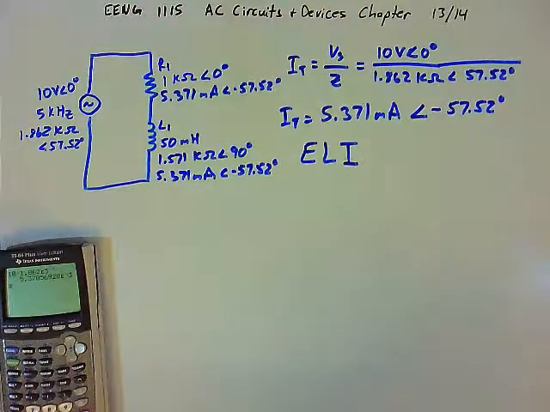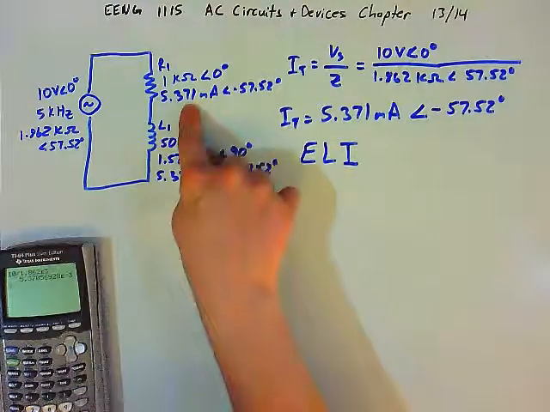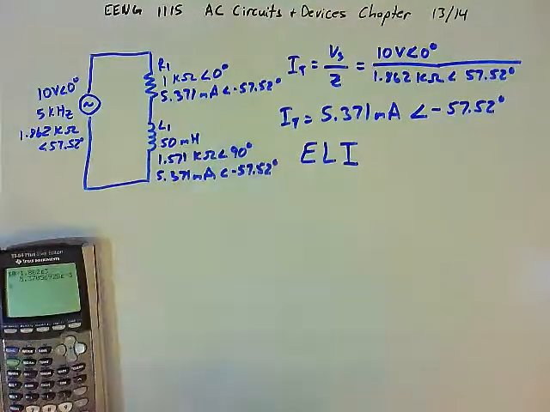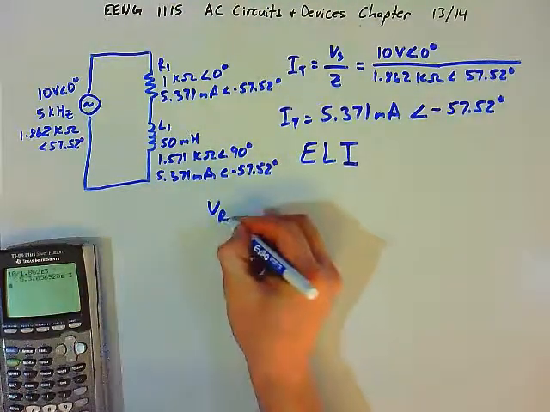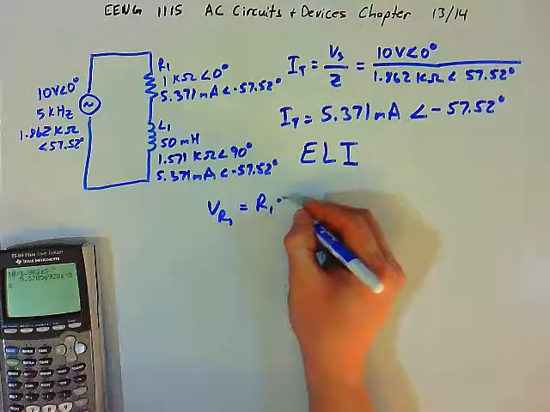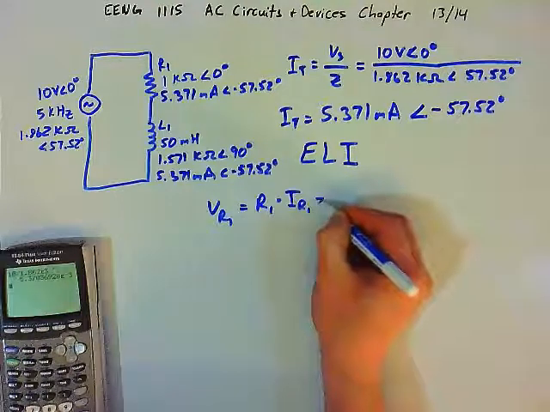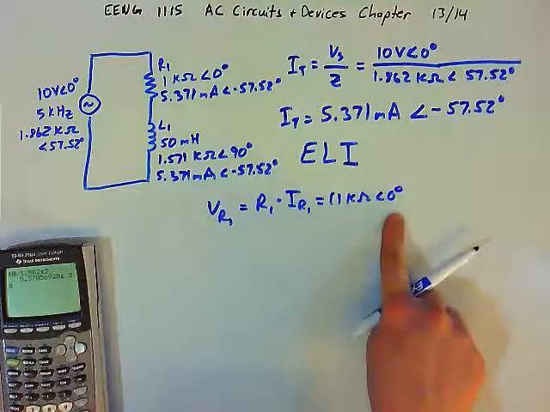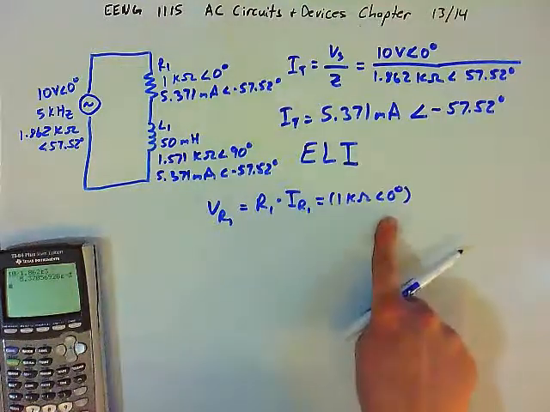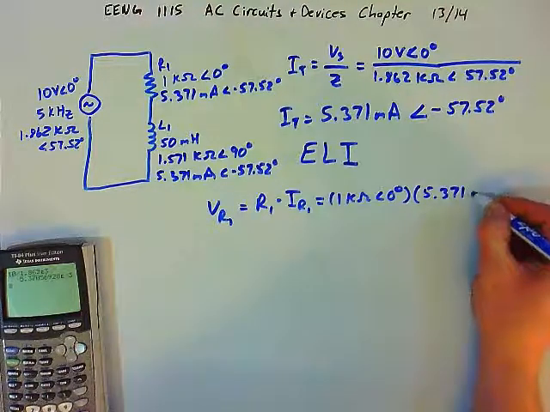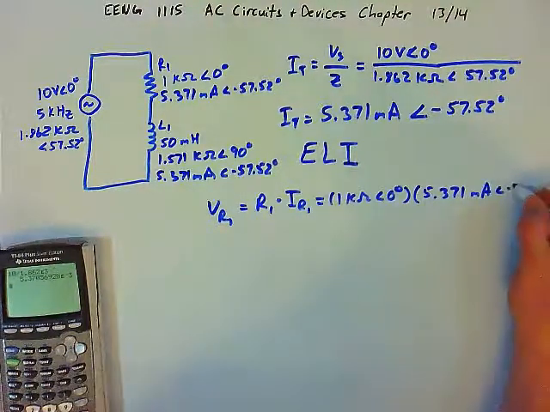And so now, just like in a DC circuit, we know the resistance of the resistor and we know the current in the resistor. We can find the voltage drop here. So the voltage drop across resistor 1 will be equal to R1 times the current in R1, which is going to be 1 kilo ohm at 0 degrees. Remember, these are vectors. Always include the angle with your vectors. Times the current, 5.371 milliamps at an angle of negative 57.52 degrees.